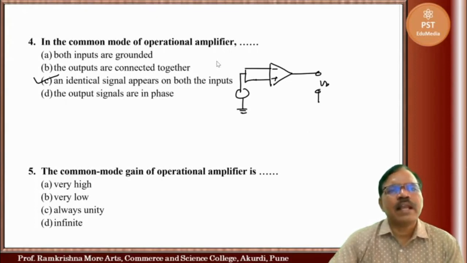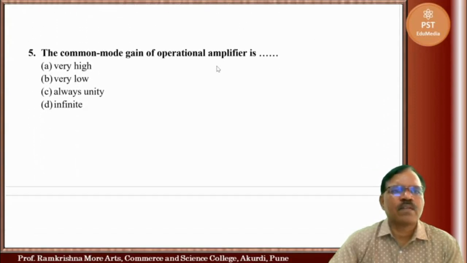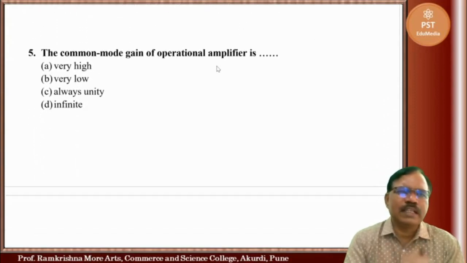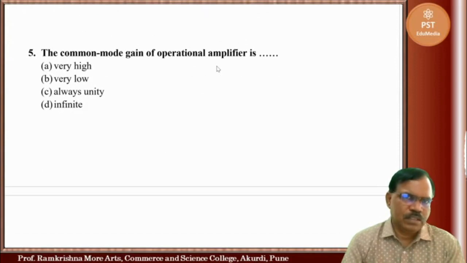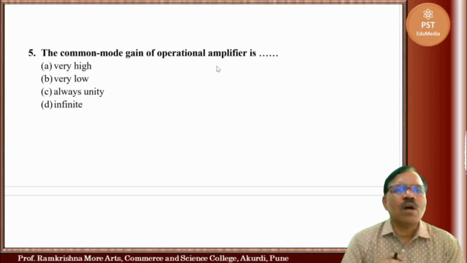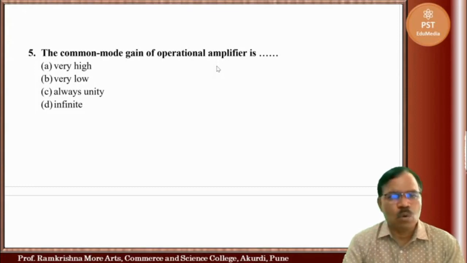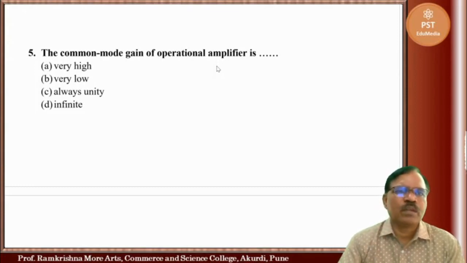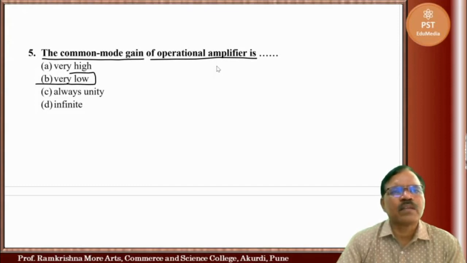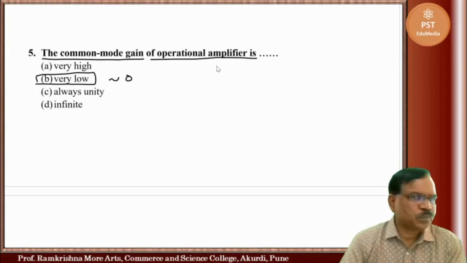So here an identical signal appears on both the inputs. In such a case, the common mode gain of operational amplifier must be very, very low. Ideally it must be 0.